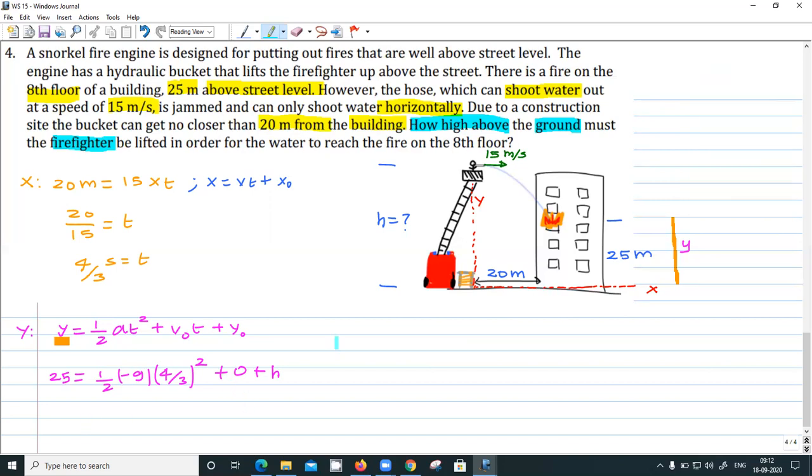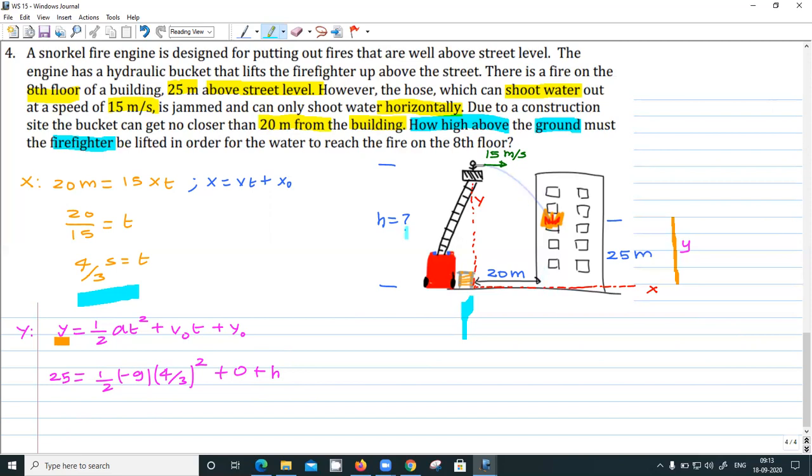Okay. So basically, I have chosen my origin of coordinate system as here. So with respect to that, if I write this equation, y will be 25. And v naught t is 0, y naught is h. And acceleration is minus g. And t I found in the first part.